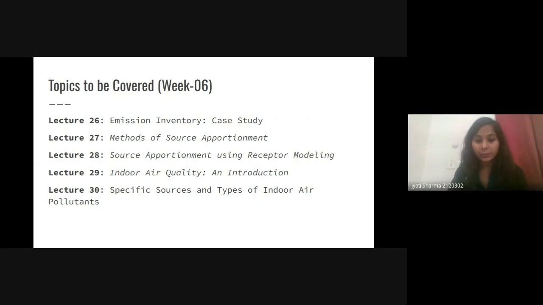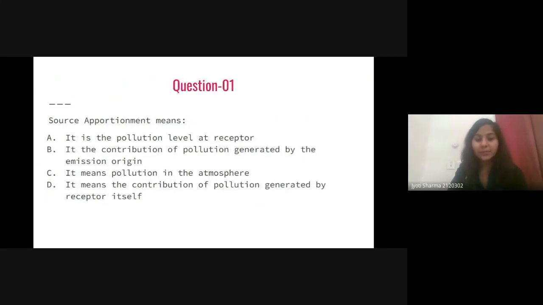So let's start with the first question, and this first question is related to source apportionment. So what do you mean by this? I have 4 options. The first option is it is the pollution level at the receptor. The second option is it is the contribution of pollution generated by the emission origin.